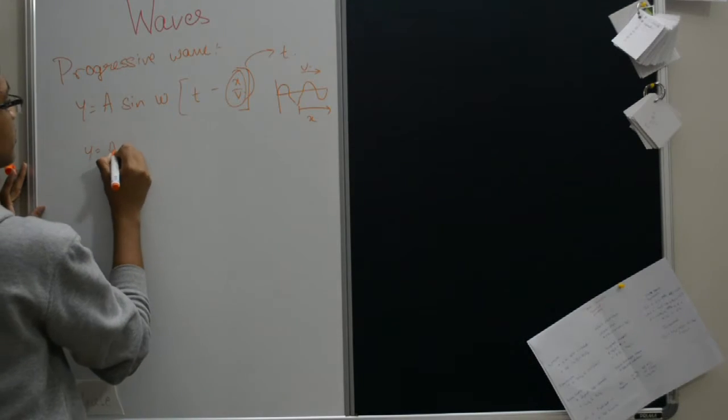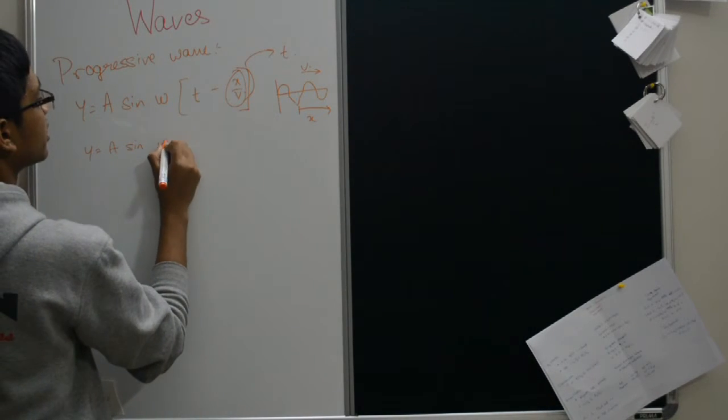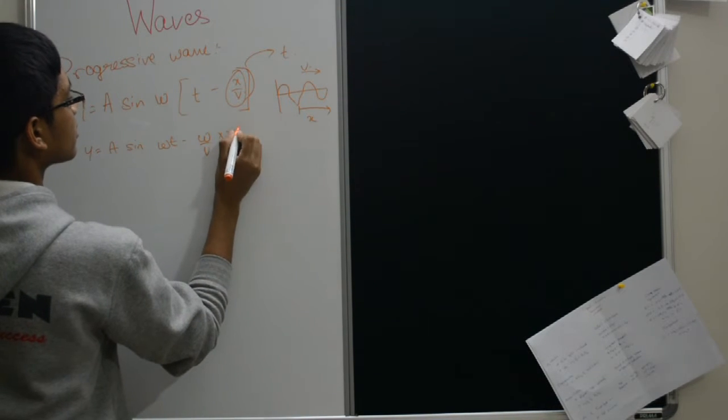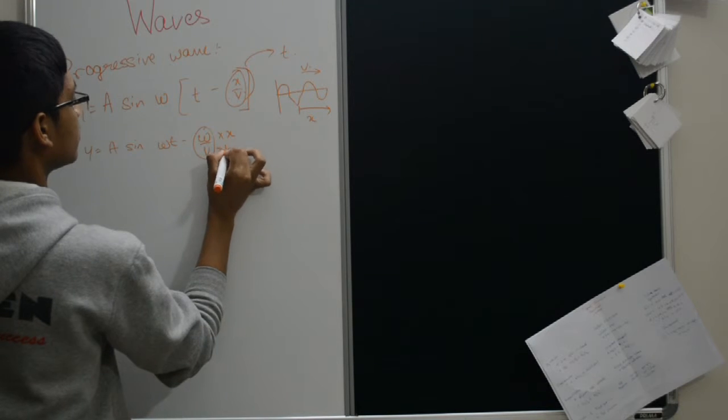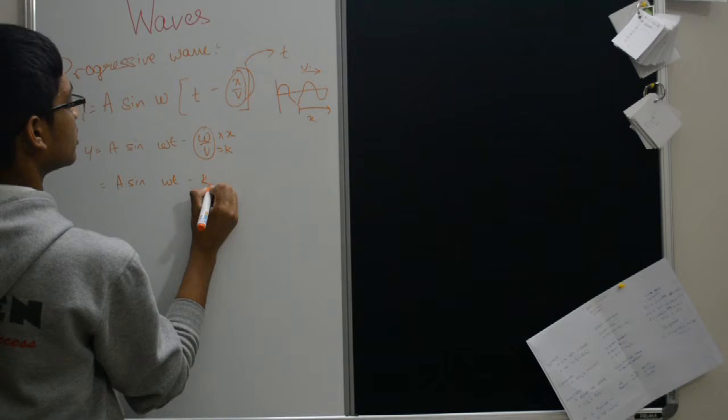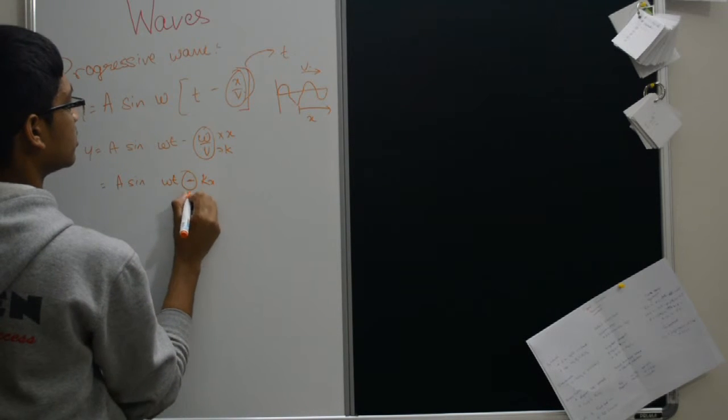Then you have y = A sin(ωt − (ω/v)x). Now ω/v is equal to k, so we have A sin(ωt − kx). Now this sign is important.